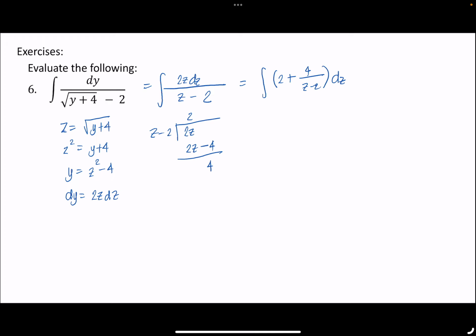The integral of 2 dz is 2z plus 4 ln of z minus 2 plus c. So we have 2. z is the square root of y plus 4, ln of square root of y plus 4 minus 2 plus c.